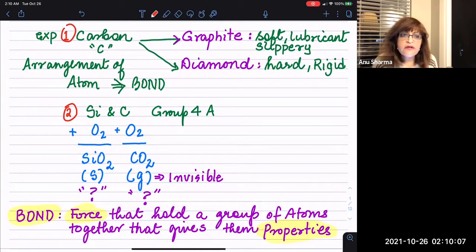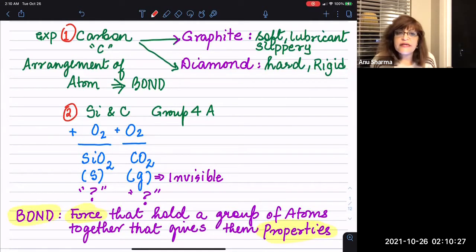But when it is present in the form of graphite, it is very soft. It's very slippery. It's what pencils are made of, and when you write, it's basically those layers of carbon atoms arranged in a certain fashion that get slipped. So it's one form of carbon.